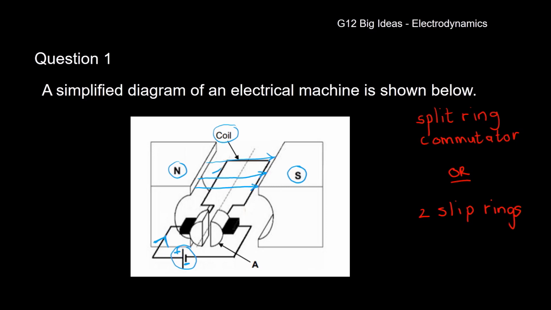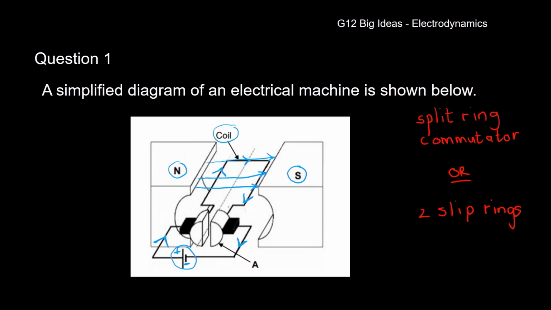It's going to flow this direction as well in the coil, along the back, you can see there, and then back through the second half of the coil and out to the negative terminal.